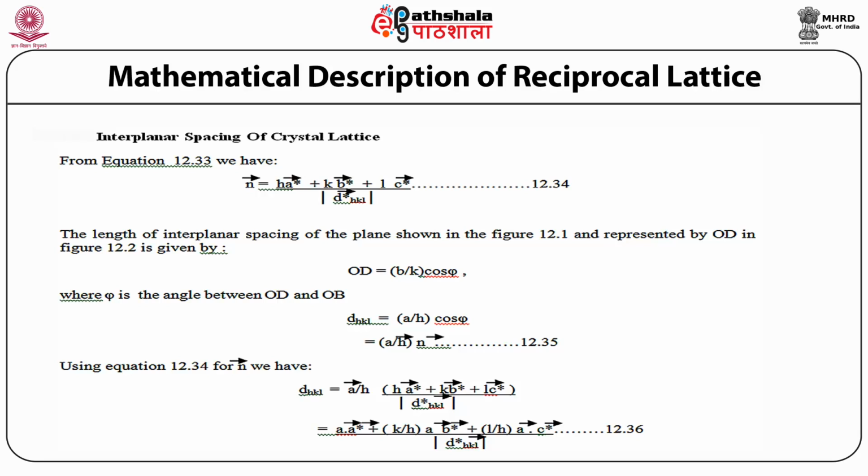Using equation 12.34 for n vector, we have d HKL equal to (a/h) dot (h a* plus k b* plus l c*) upon modulus of d* HKL, which is equal to (a dot a* plus (k/h) a dot b* plus (l/h) a dot c*) upon modulus d* HKL, which is given as equation 12.36.